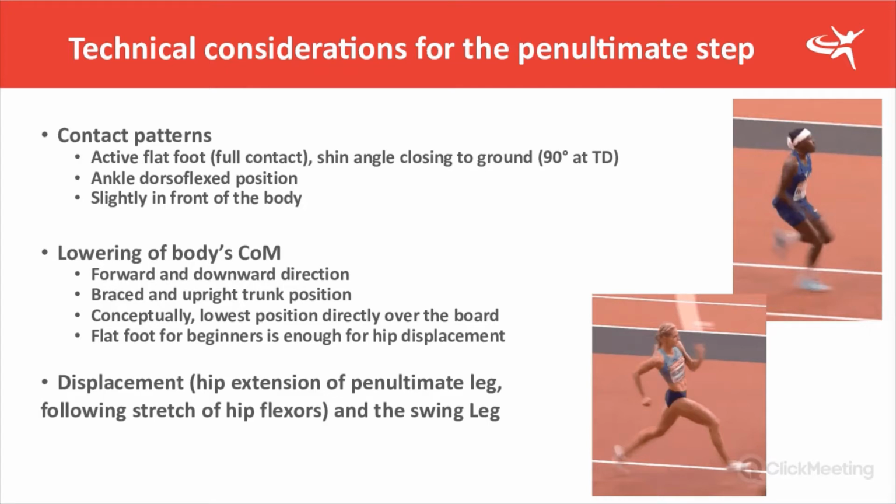The last thing for technical considerations in the penultimate is the displacement between the legs in the last step, illustrated here by Daria Klishina. What I'm looking for in displacement is the distance between the two legs. But what that's actually achieving is a pre-stretch of the hip flexors.